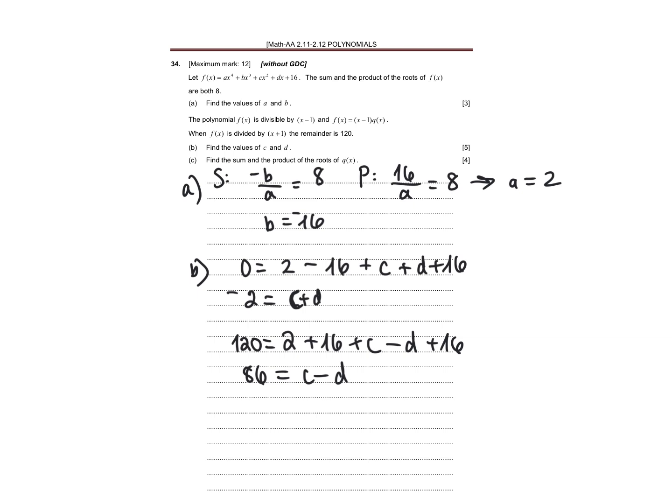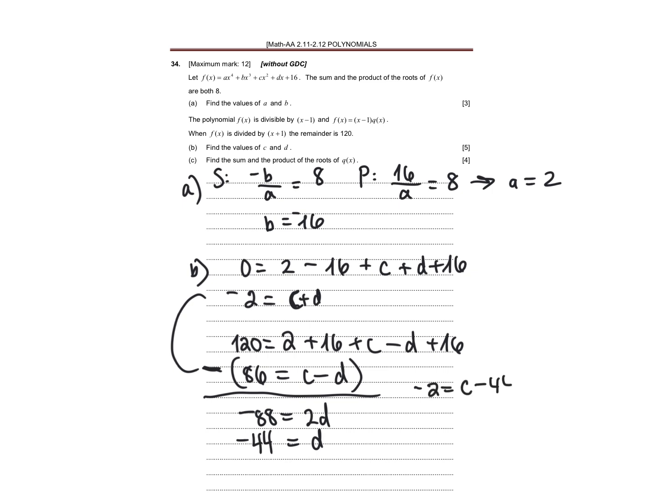So if we add or subtract these, I'll just subtract these two, so we're going to have negative 88 equals, c's canceled, d minus a negative d, so 2d. So d is negative 44. And if we pop that into the top one, we're going to have negative 2 equals c minus 44.